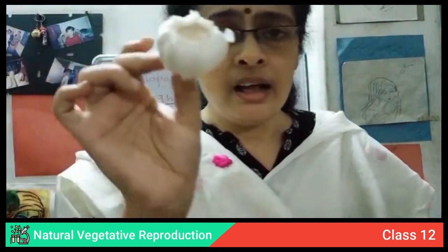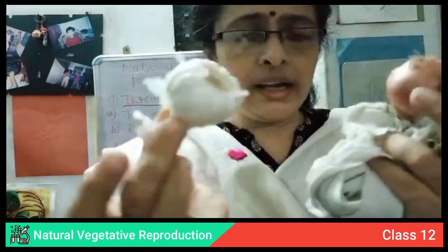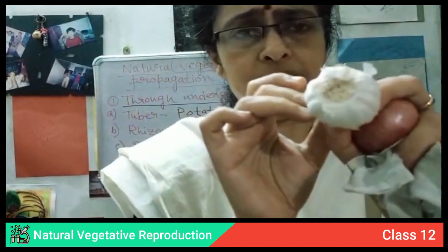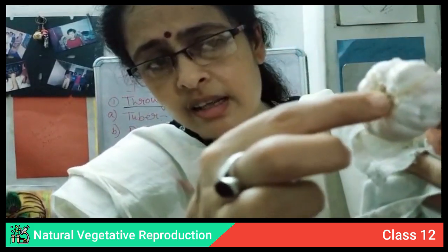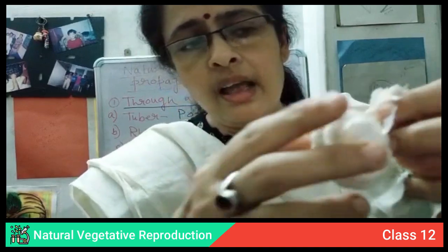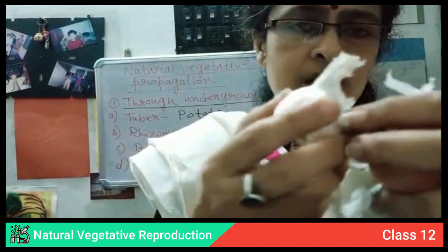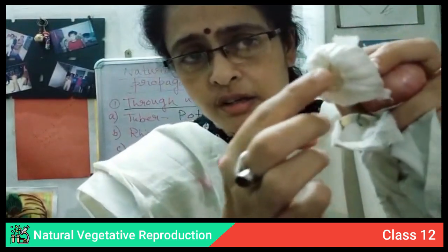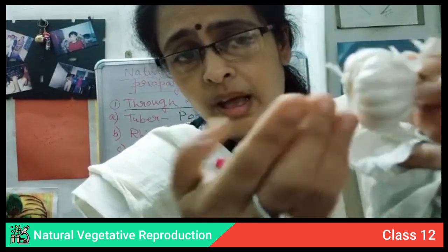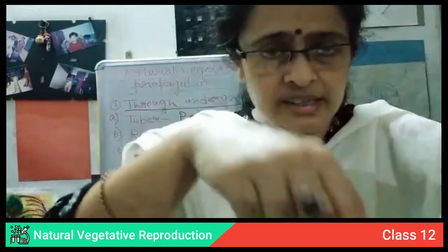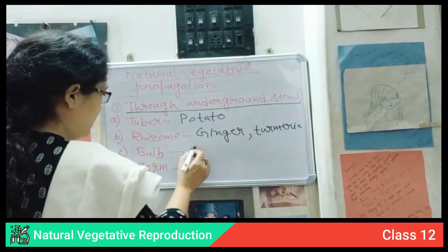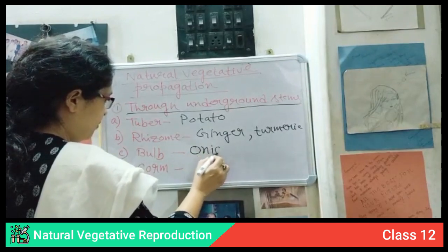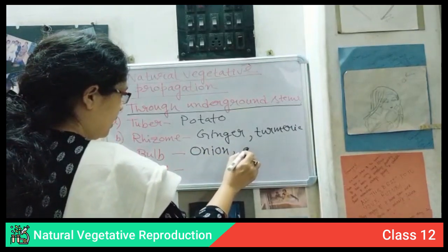Just like that, garlic and onion are of the same family. This is the stem of garlic, and roots arise, and these are the cloves of garlic, and this papery part is the scale leaves, and this is the shoot. If we cut this portion and place it in the soil, a new garlic plant will arise. So the example of bulb is onion and garlic.